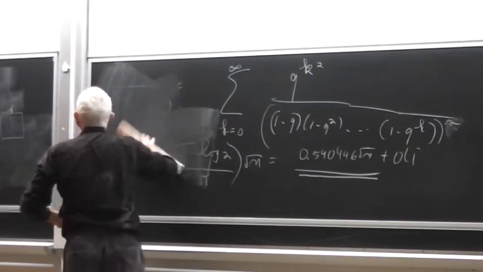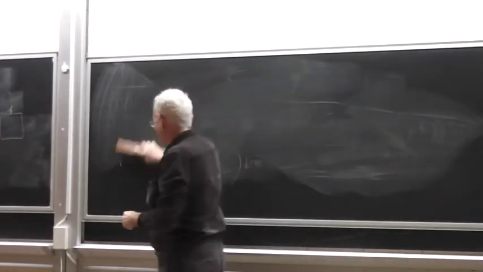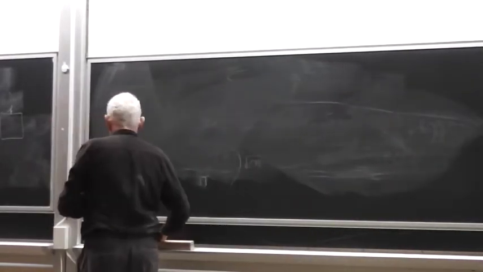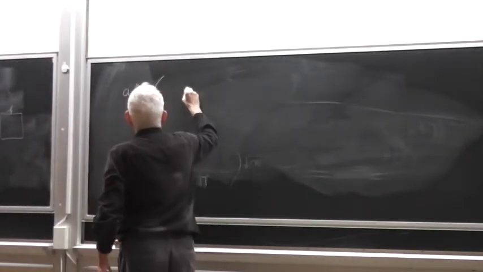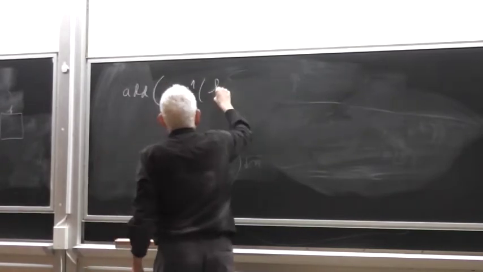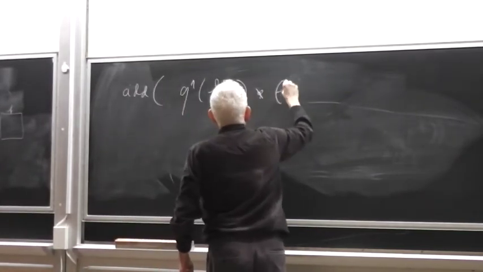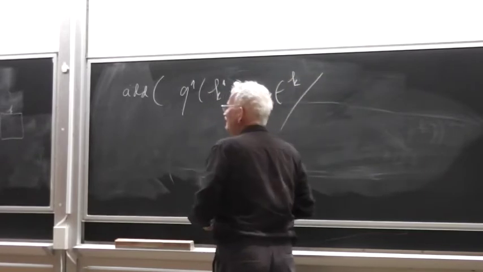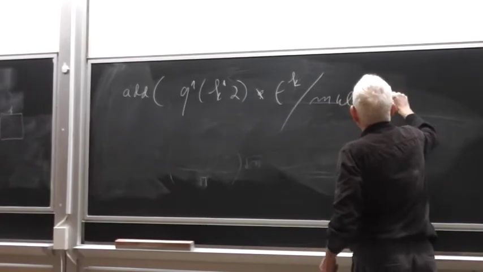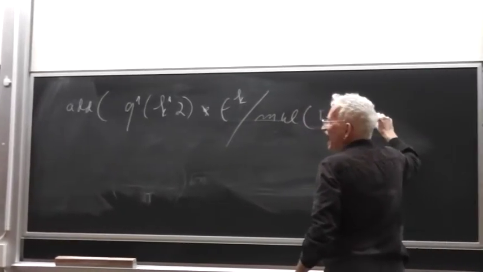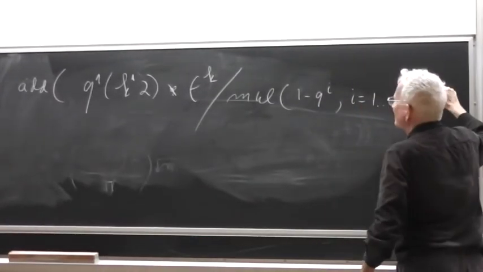But nowadays we have computers. You go to Maple and you do simply add q to the power k squared times q to the power k, divided by mul, for multiplication, of 1 minus q to the power i, i goes from 1 to k, quantity squared.